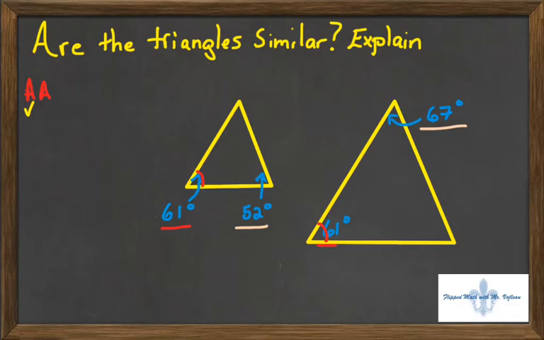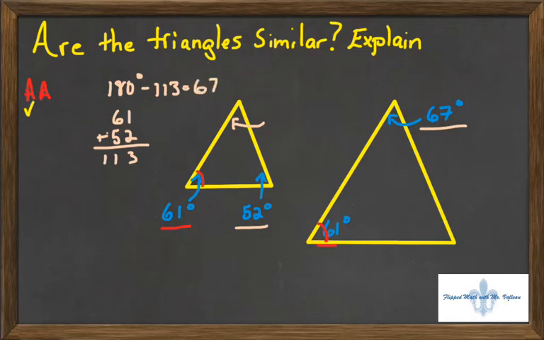As you know, the angles of a triangle total 180 degrees. So we know that 61 plus 52 is going to equal 113. In that case, we know that this final angle will be the remainder, or 180 minus 113, or 67 degrees.